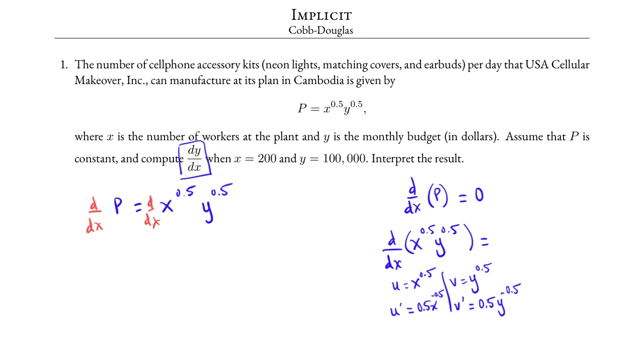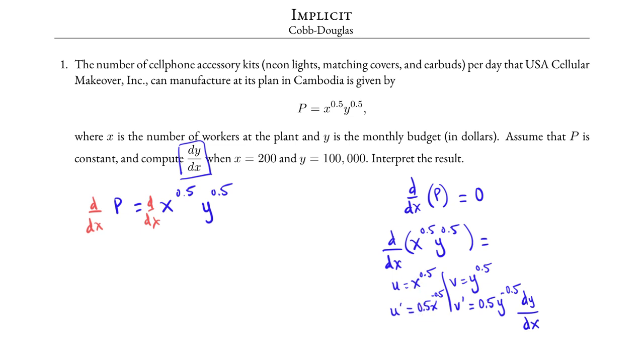But remember that we're taking the derivative with respect to x, so we would need to use implicit differentiation where we multiply by dy/dx. We did not need to multiply by dy/dx for u because the variable is already x and we're taking the derivative with respect to x.